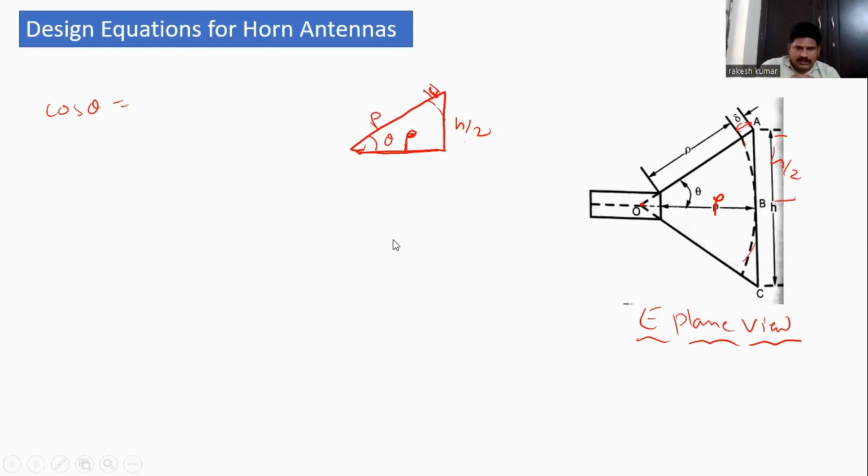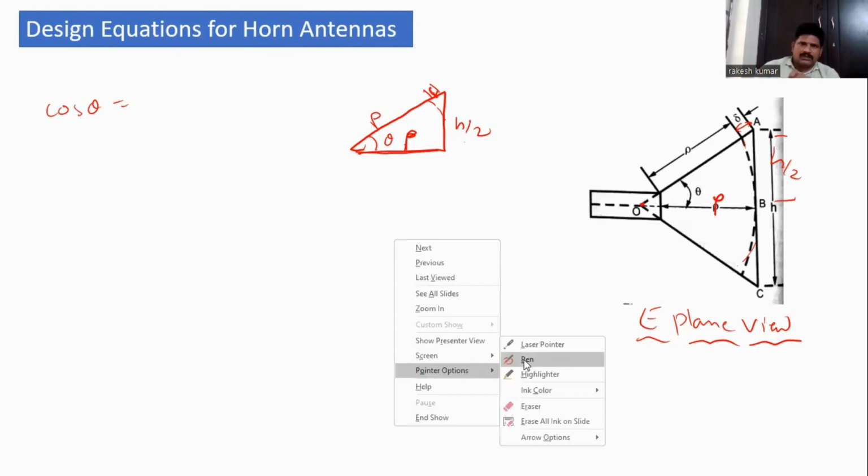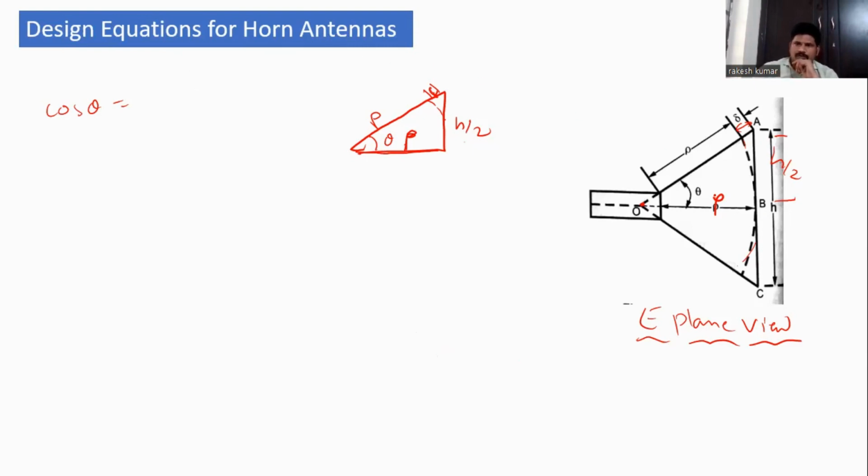The adjacent side is rho. From here to here also, this is rho. So it is rho by the hypotenuse. What is the hypotenuse? It is the combination of rho plus delta. So that is rho plus delta.